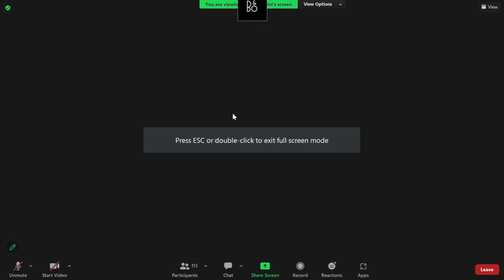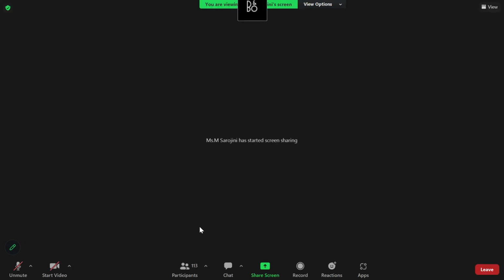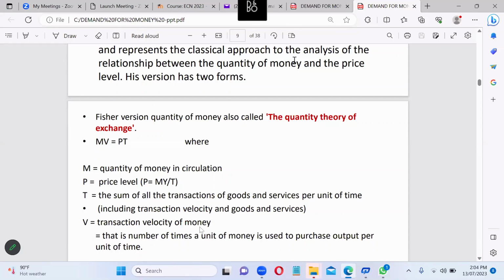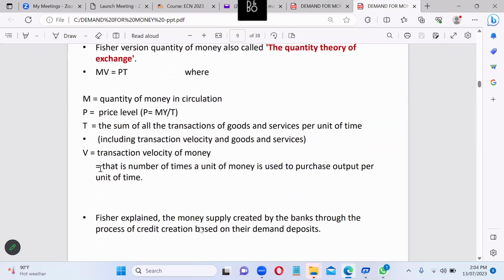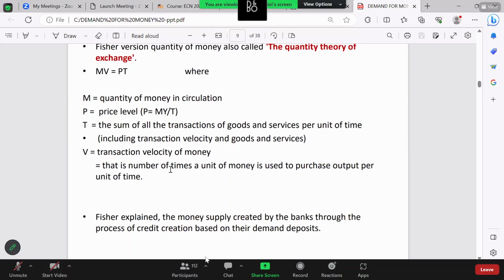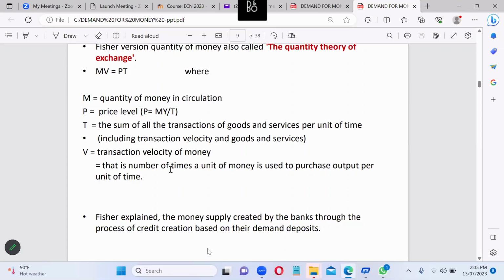Fisher introduced the quantity theory of exchange. So MV is the quantity of money times velocity, and PT is the price level times transactions. V is the transaction velocity of money, that is, the number of times a unit of money is used to purchase output per unit of time.